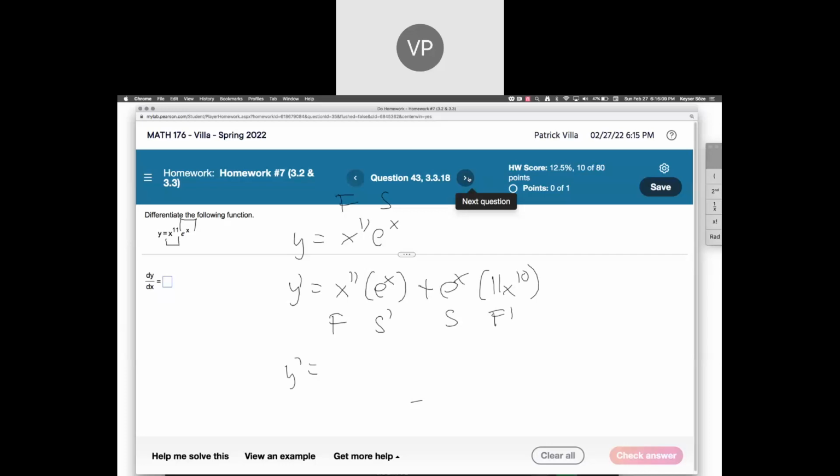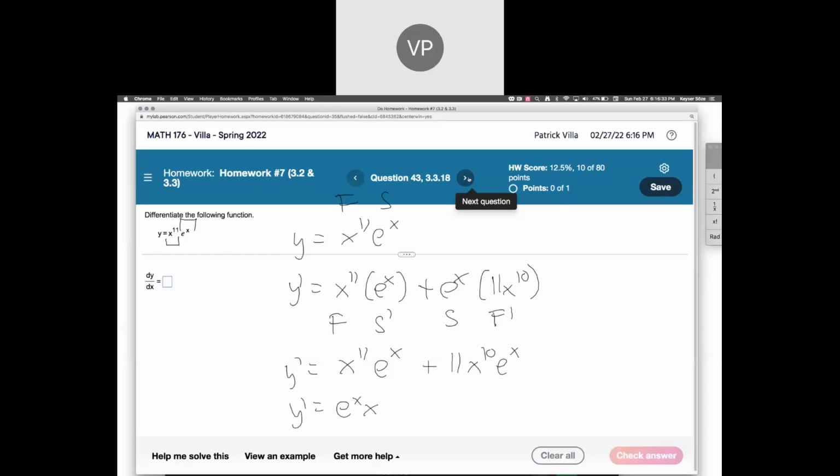Now, I'm assuming they're going to want us to clean this up a little bit, so I want to show you how this thing works out. And I'm going to try to plug in a couple of different answers as well, just to see what we have here. So these are the two terms we have, and the cleanup, I mean, is that I can factor out an e to the x, because they both have an e to the x.